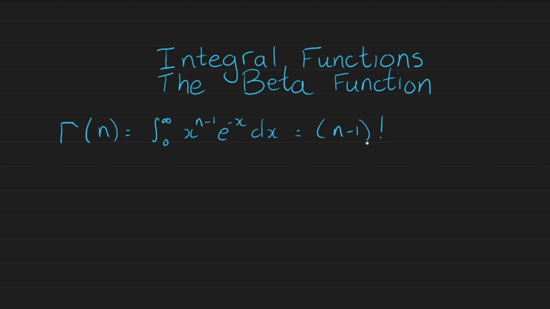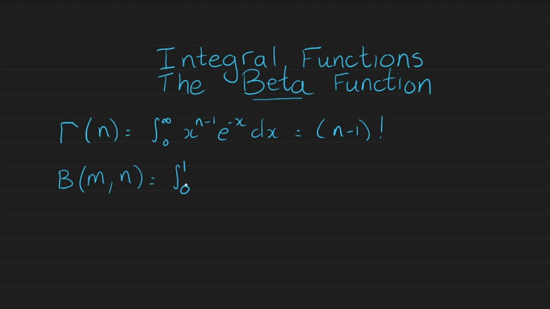So what we want to do now is define a new kind of integral function, that's the beta function. How it's written is that we call it B, so B represents the beta function. And in the beta function, we actually have two numbers, whereas the gamma just had one n. Here we have m and n. The way it's defined is that it's the integral from 0 to 1.